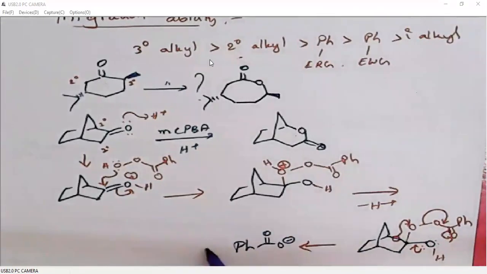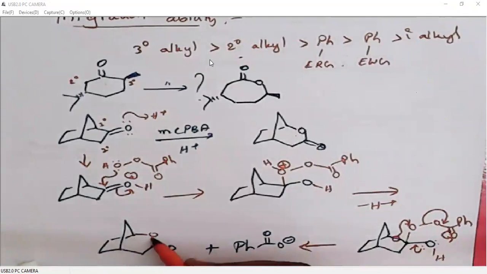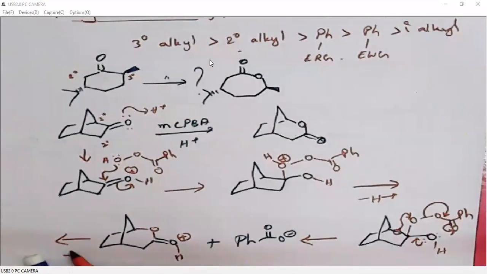This will be involved in resonance, so that is why I am writing it like this. Then we can get the product. After abstracting this proton, we will get our product.